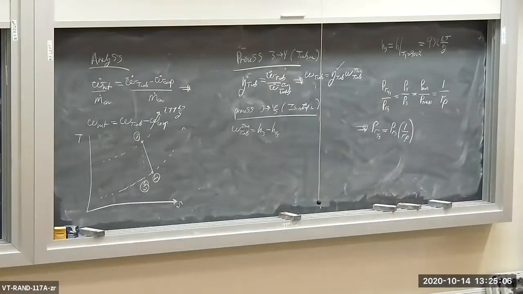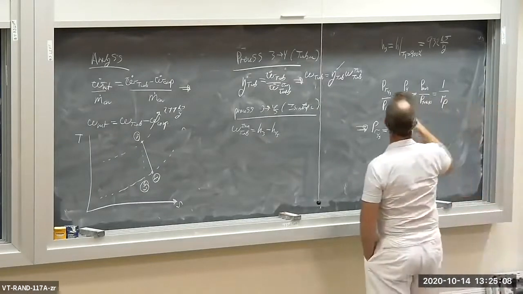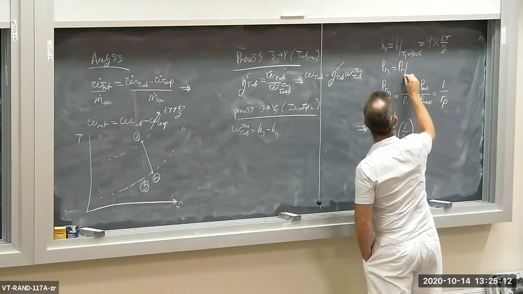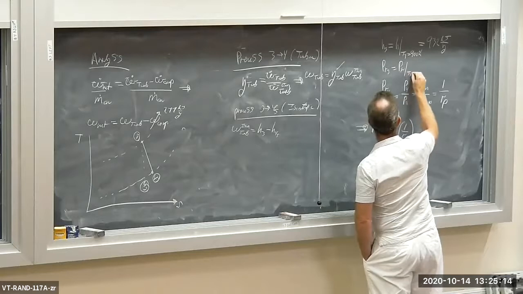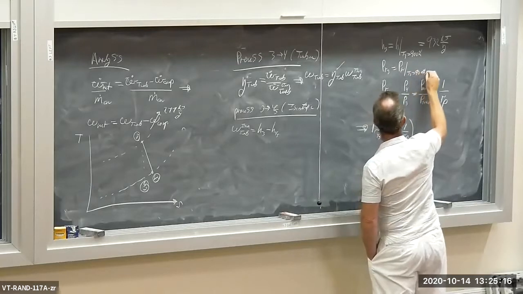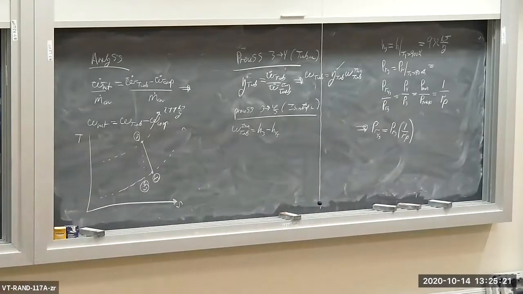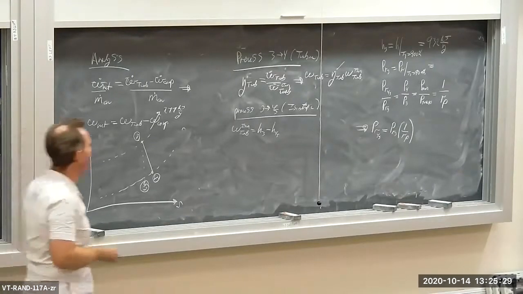So what's PR3? PR3 is PR evaluated at T3, which is 900 degrees Kelvin. I can get that from a table. PR3 is 75.3.